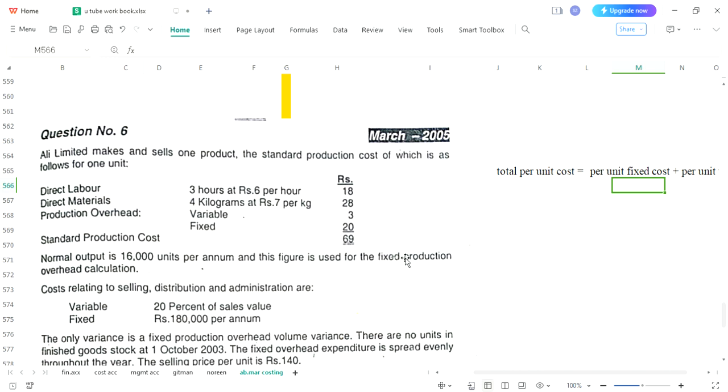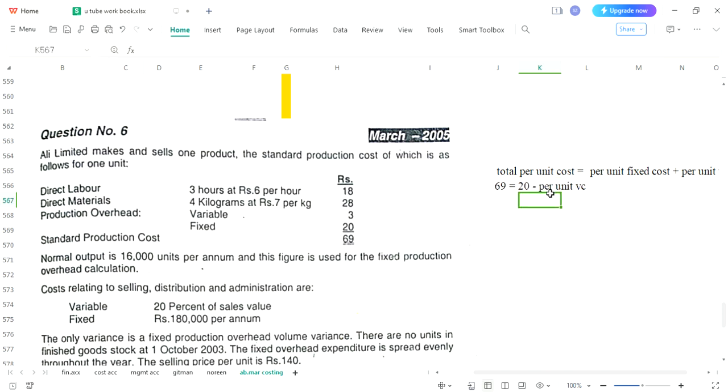So come over here, total was 69. You can write over here, and it has unit fixed cost which is 20. And let's say if we don't know how much is per unit variable cost.